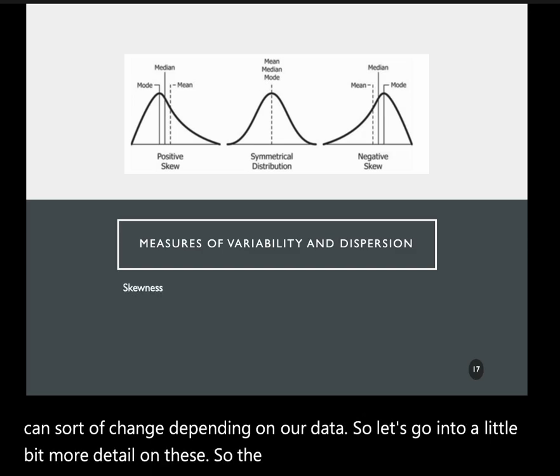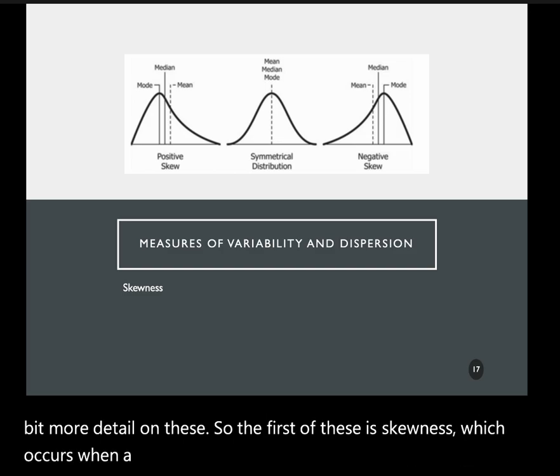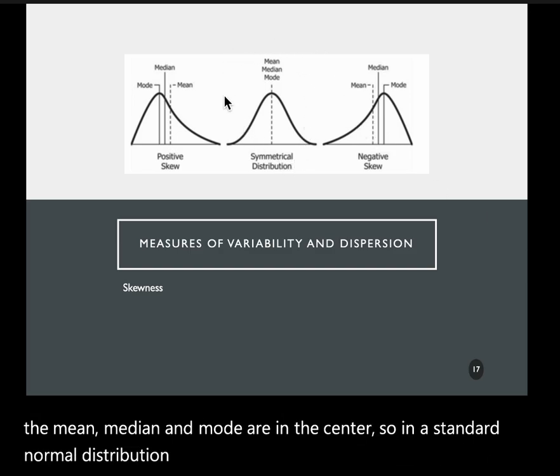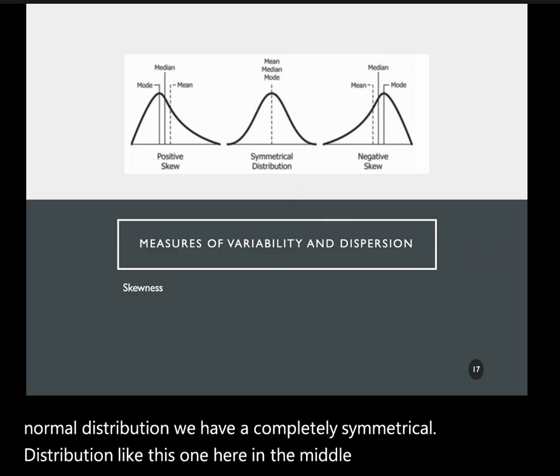So the first of these is skewedness, which occurs when a distribution lacks the symmetry that is created when the mean, median, and mode are in the center. So in a standard normal distribution, we have a completely symmetrical distribution, like this one here in the middle. Our mean, median, and mode are exactly the same.